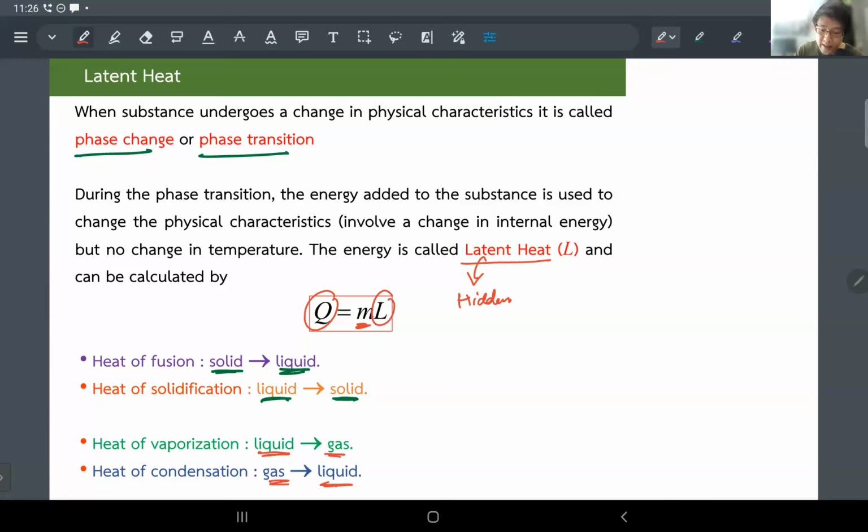Once again, the latent heat is always per kilogram, just like specific heat, which is the heat capacity per 1 kilogram. The latent heat is just the amount of energy required to make a phase transition of 1 kilogram. That's it. So how many kilograms you can convert in the phase transition is m in this equation, and then you're done. Sounds good? Okay, so that's another easy-to-use equation.